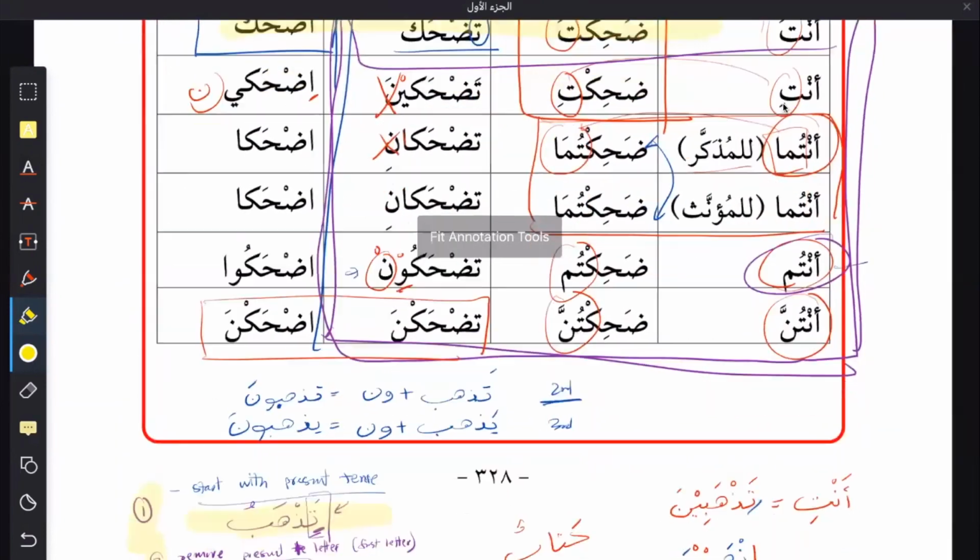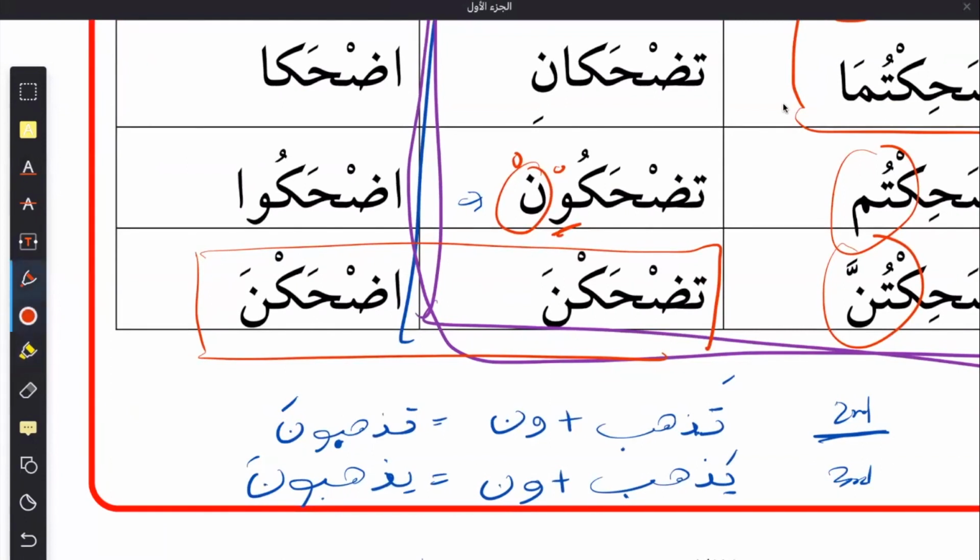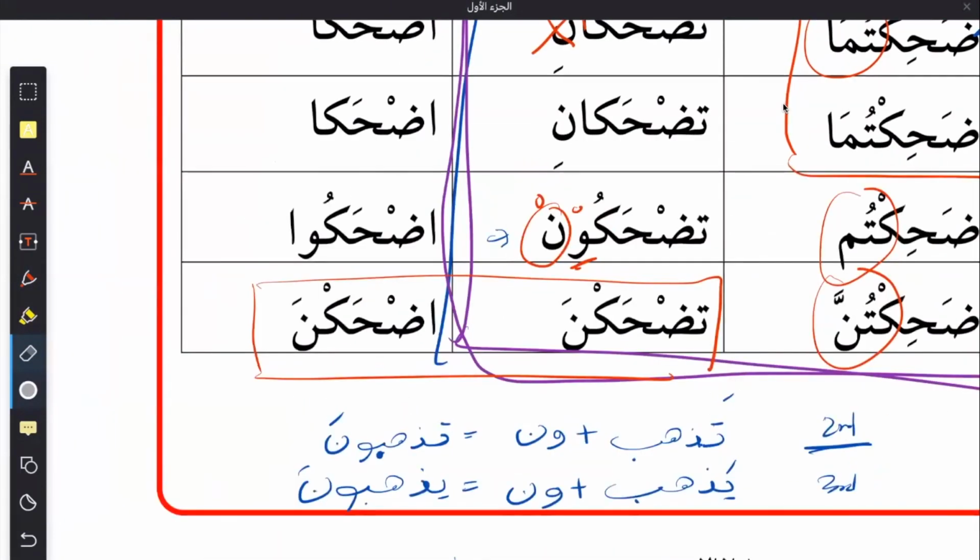Makes sense? Before I wrap up, what I want to explain to you about this alif, there's nothing to explain, guys. For now, this is the rule. The rule is that for the verb, there always has to be an alif at the end for the plural, even for the past tense. We will talk about this. Just know that when you see something like that, you will always know this is a verb, because sometimes nouns also have waw noon.